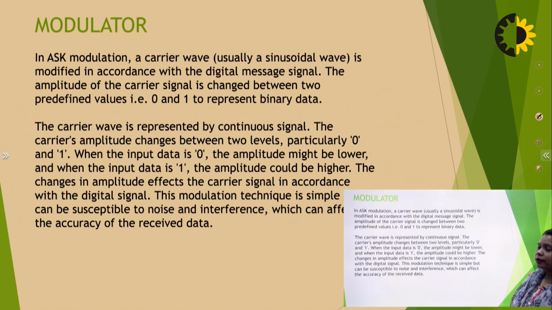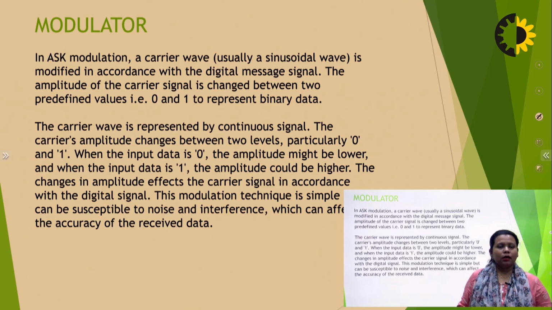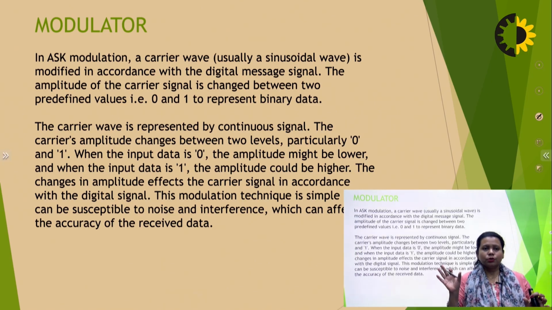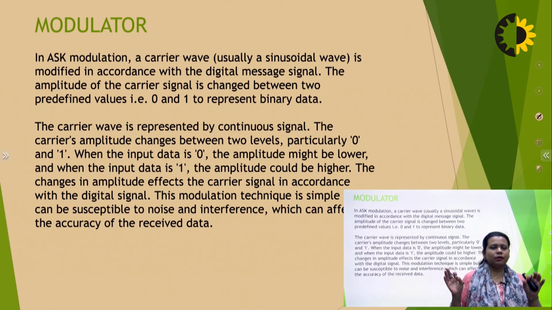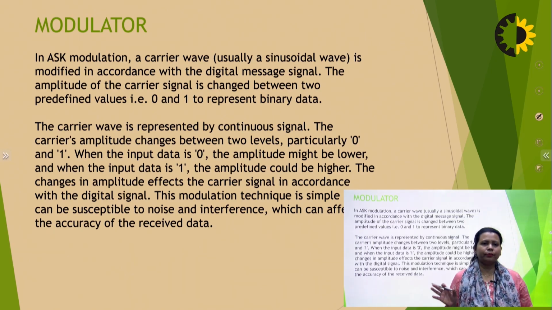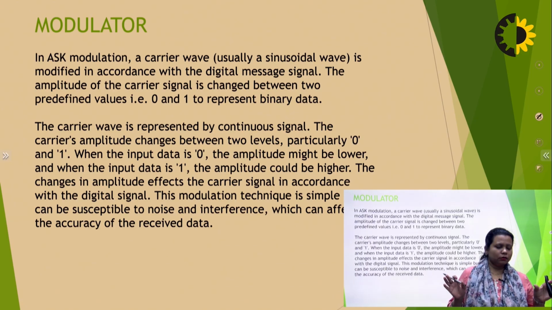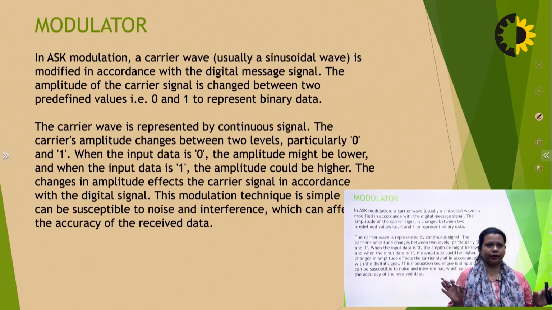Now, what is this modulator? Since in a communication system, as I told, there is a transmitter, a receiver, and in between them there is a channel. So in the transmitter part we need a modulator, and similarly in the receiver part we need a demodulator. Whatever the modulator is doing, the replica of that is done in the receiver by the demodulator, right?